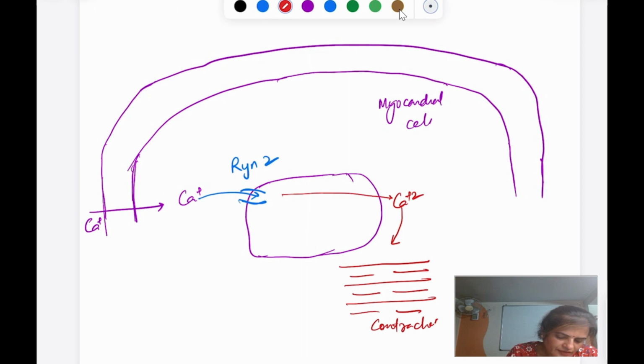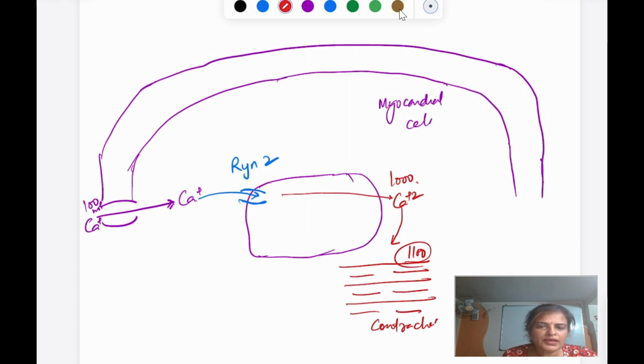Suppose from the outside, through this L type calcium channel, 100 molecules of calcium enter, and from the sarcoplasmic reticulum 1000 molecules of calcium are released. So how many are there? 100 plus 1000, it is 1100 molecules. They are going to cause the contraction.